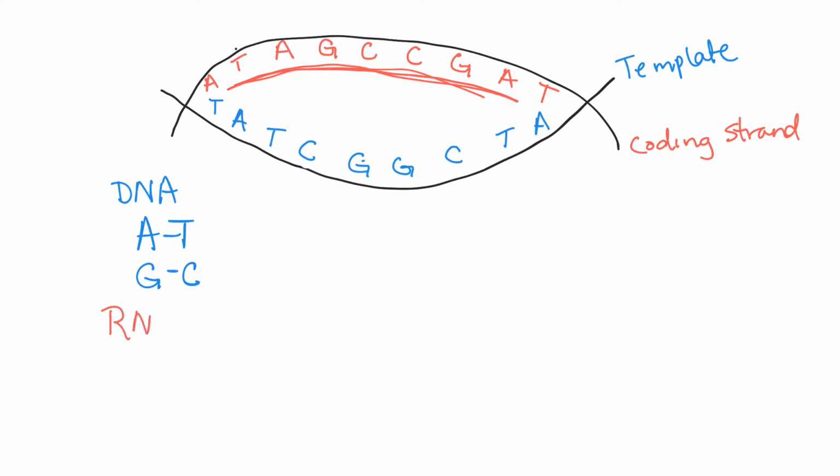And remember, RNA uses U instead of T. So in RNA, A always pairs with U and G always pairs with C. If we go through and make a copy, or transcribe, this template strand, our transcript is going to be A, U, A, G, C, C, G, A, U. So this is our RNA transcript.